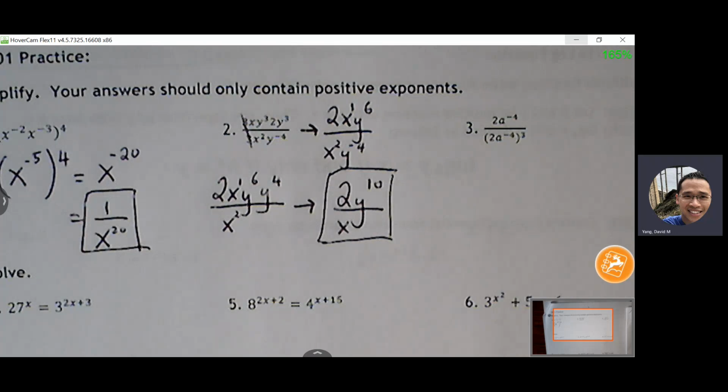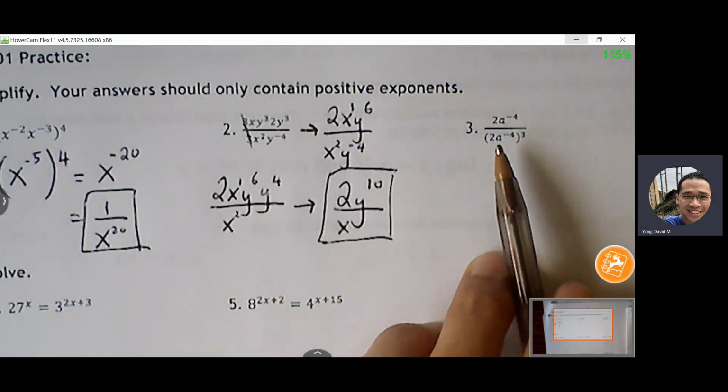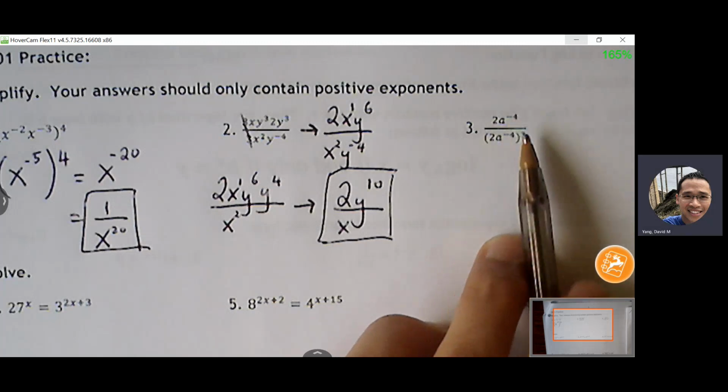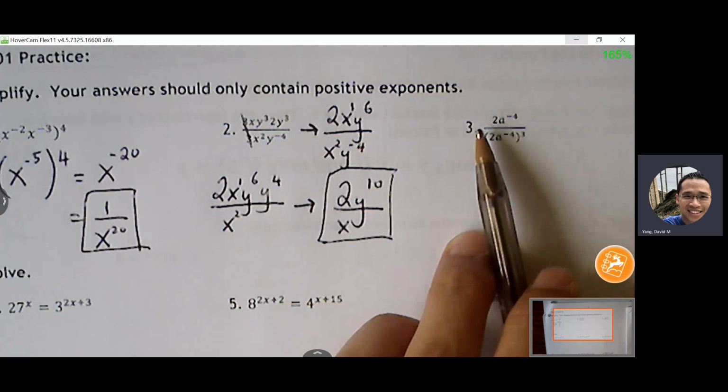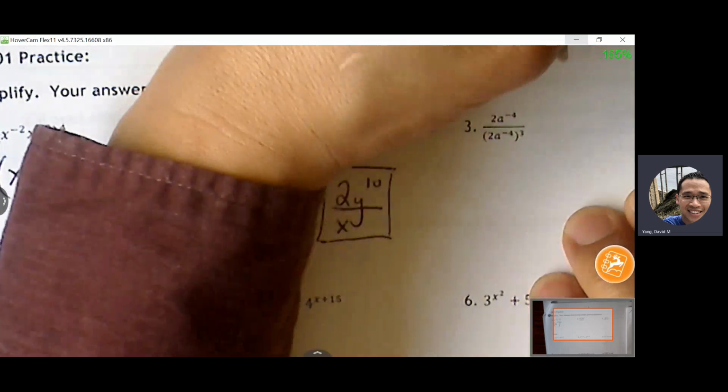Okay, number 3, 2a to the negative 4 over 2a to the negative 4 cubed. Maybe you see the a to the negative 4 and you want to cancel out, but it's inside the parentheses. So why don't we just distribute the parentheses through?